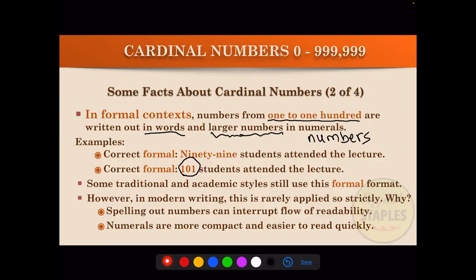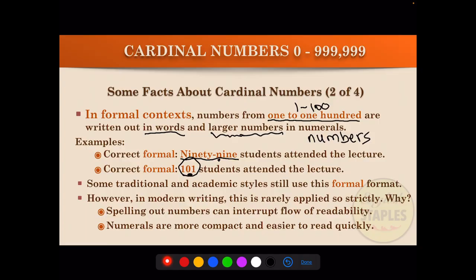And here, 99 is written out this way because it's less than 100. So 1 to 100 are written in words, and larger in numerals, so we can see that here.